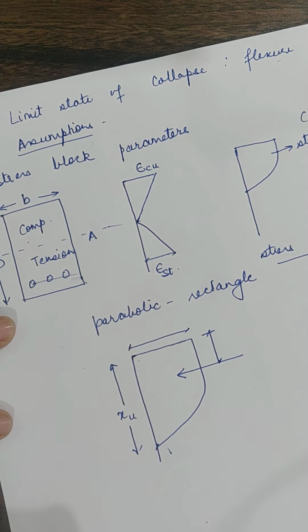Now, what does the code say? Code says that this particular value will be 0.446 fck. Then code says the area of stress block will be 0.36 fck. So average compressive stress will be 0.36 fck.